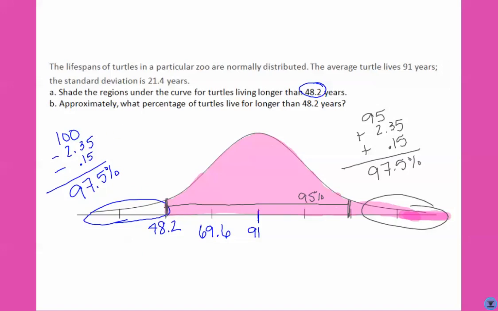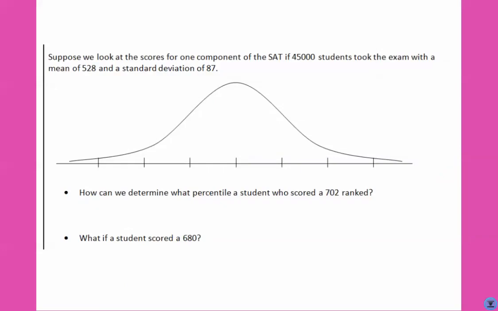All right, so let's talk about the SATs. You will commonly hear, like when you get your PSAT scores back, you read that you were in the 40th percentile for math. Or you hear them talk about little kids, and this kid is in the 70th percentile for weight.